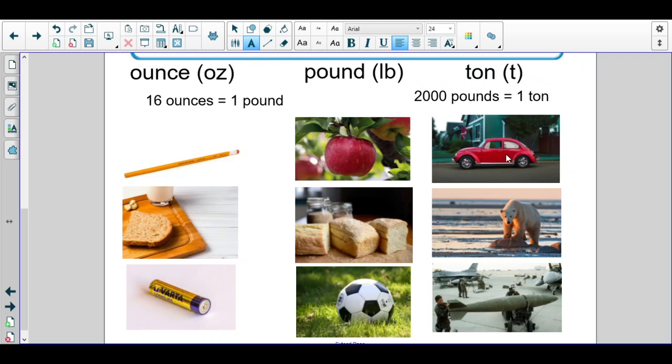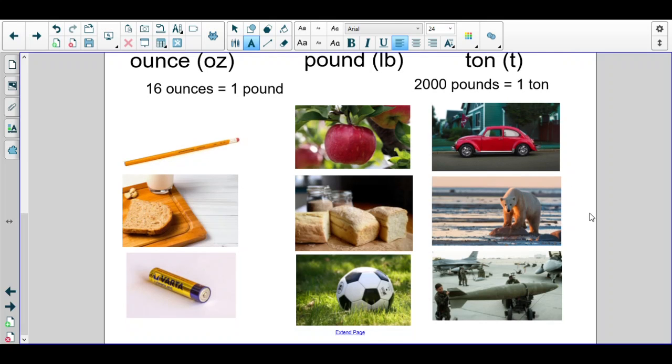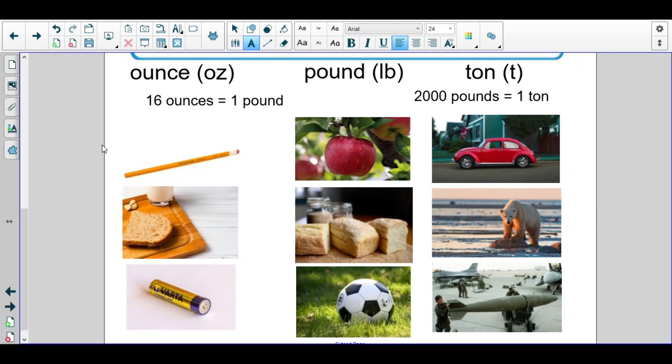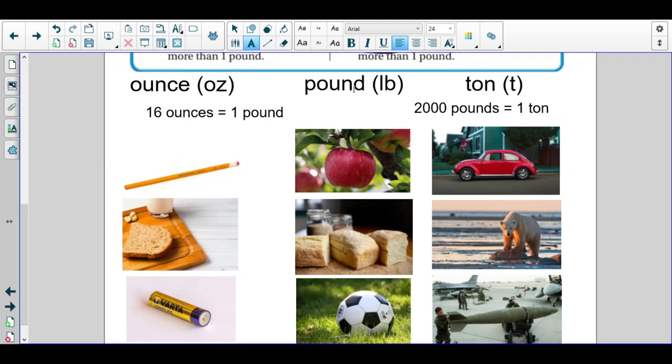All right, so if we look here at our Volkswagen Beetle, if we had 2,000 really large apples and put them all together, they would weigh about as much as this 1979 VW Beetle. So hopefully that will give you a little bit of a better understanding of how we go from pounds, and then much larger is a ton and much smaller is the ounce.